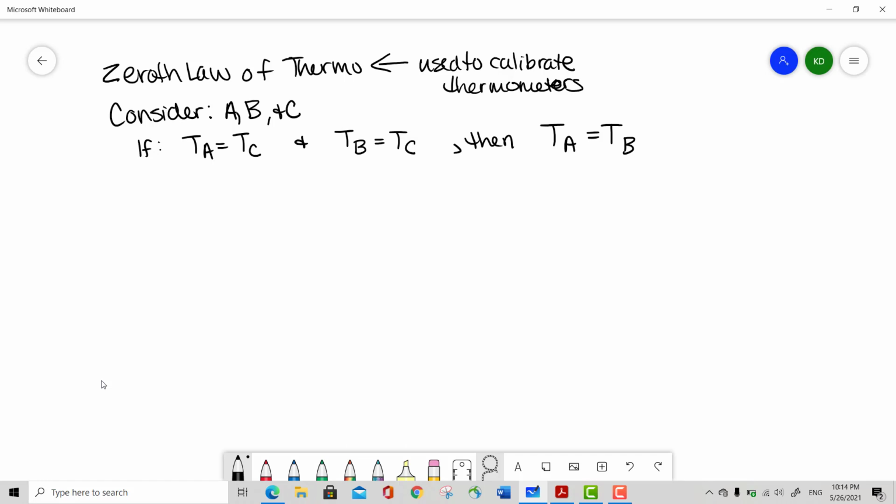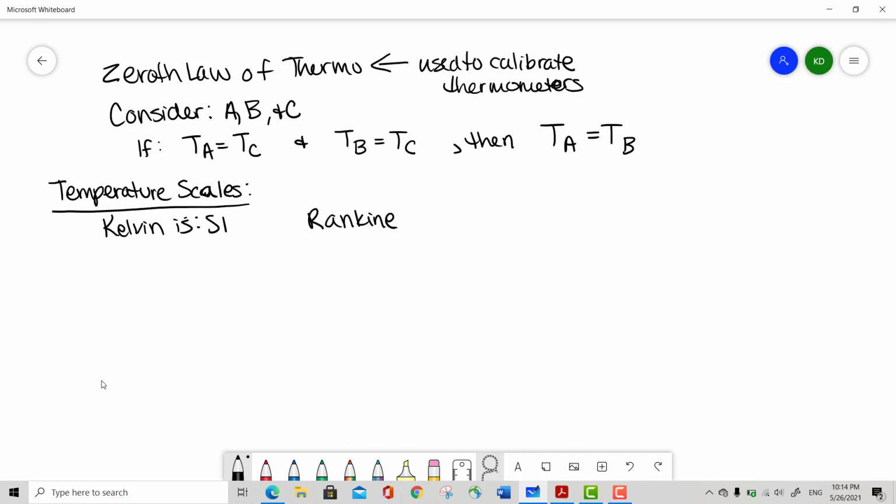Also on your homework, and I think on your test also, you're going to have temperature scales. Again, I did work a problem of this in the refresher, so I'm not going to work another one. But Kelvin is SI, and Rankine is EE.